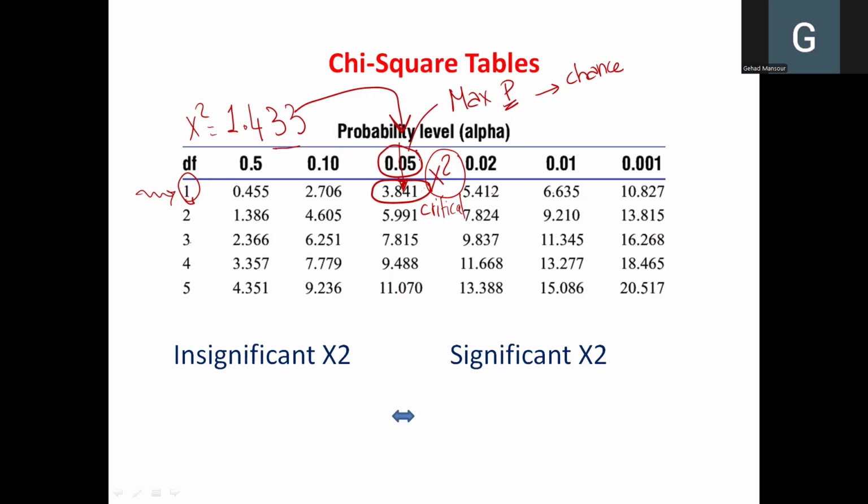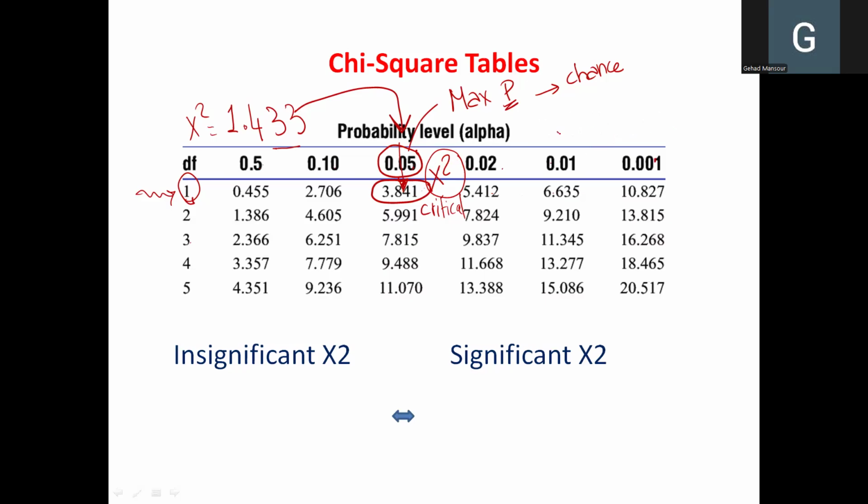Here we have 0.5, which is 50%, and then we have 10%, and then we have 5%. After this, the probabilities are smaller. So to the right of 5% or probability 0.05, the probability diminishes that it is due to chance.